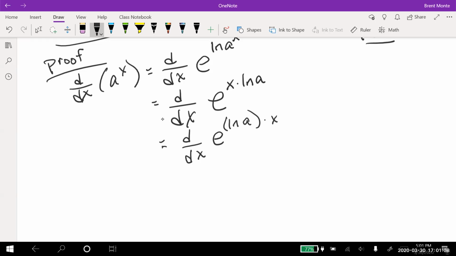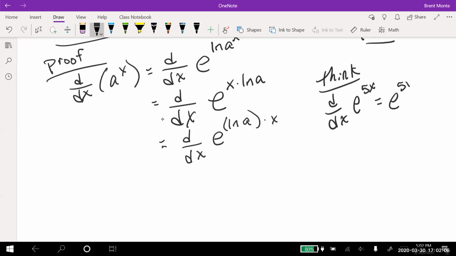Notice that ln of a, in this case, is a constant. A is not a variable. It's a constant. It's whatever the base is. The variable is x. So that's similar to, if I'm taking the derivative of, say, e to the 5x, we all know how to take that.